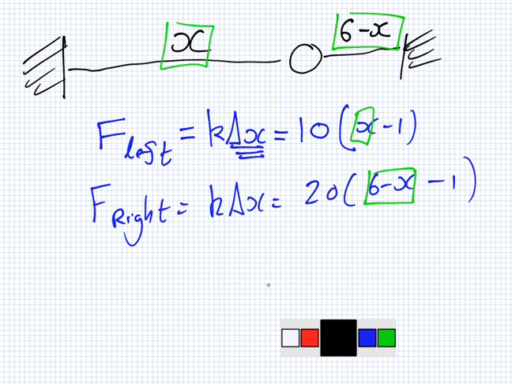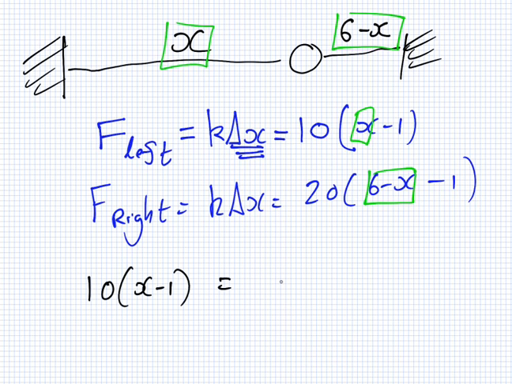So we now have 10 x minus 1 equals 20, and together this is 5 minus x. Now, what I'm doing is I'm saying the force to the left equals the force to the right, because I want it balanced.